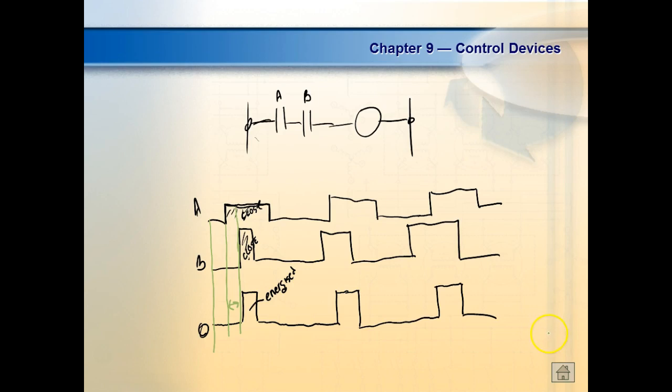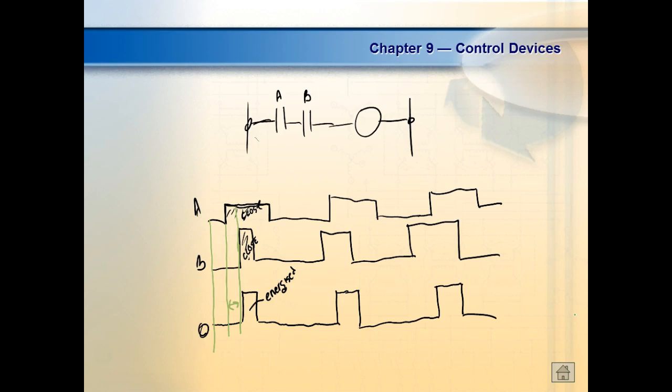Well, that's digital. A and B have to be closed before my relay is energized. So when is A and B closed? Is A and B closed right here? A is closed, but B is not closed, so the output is not energized.